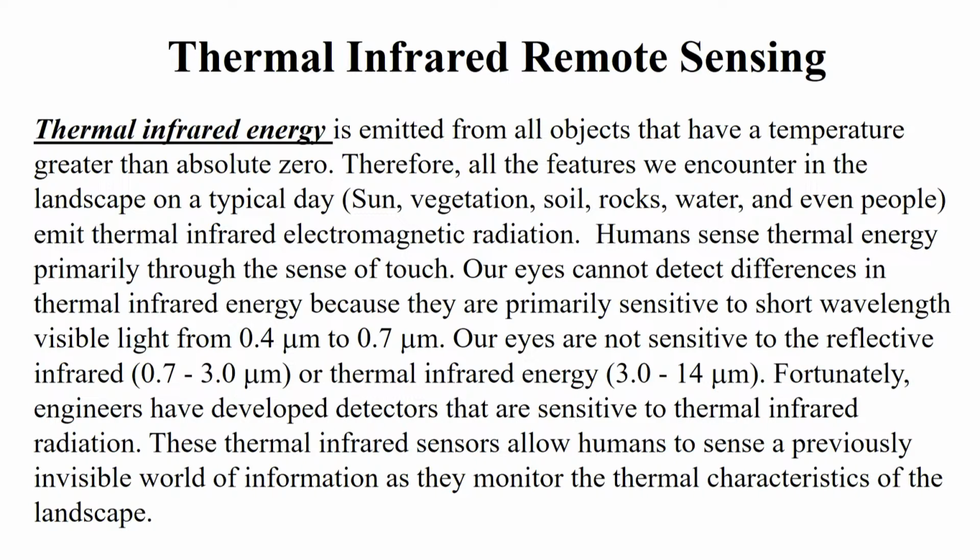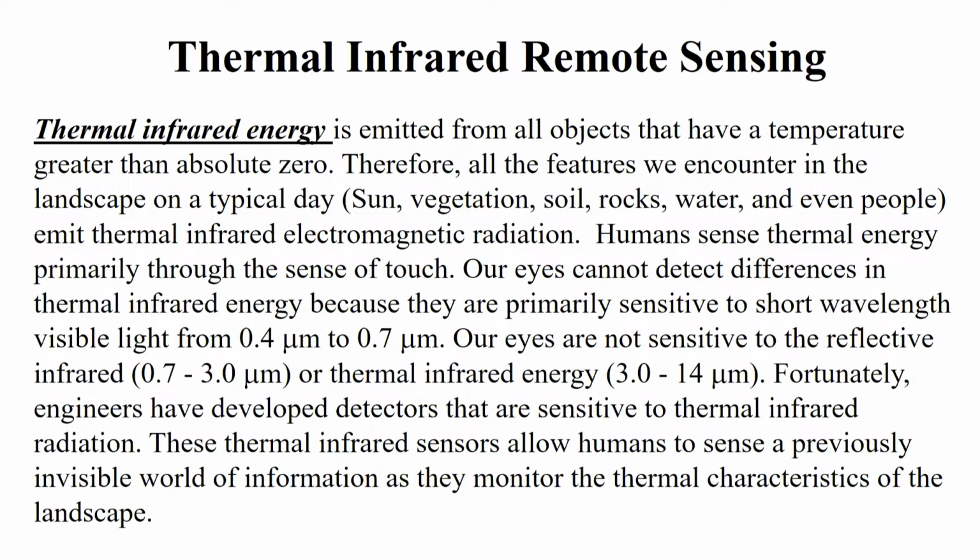When we talk about emitted energy, we should know which objects emit the energy. As written in the first line, all the objects having a temperature greater than absolute zero are going to emit energy.